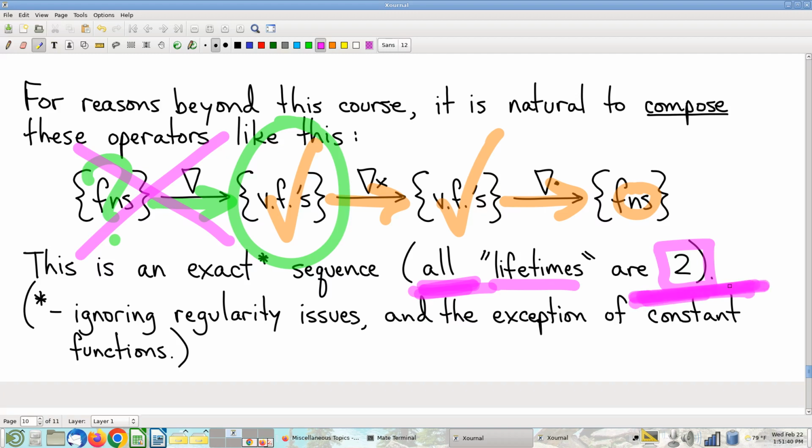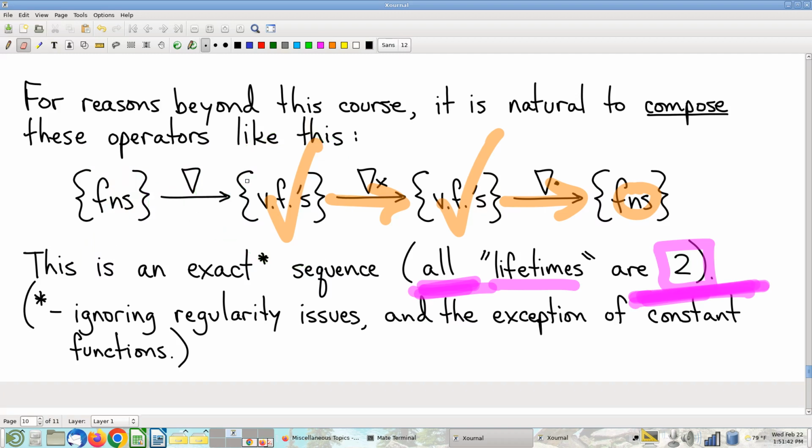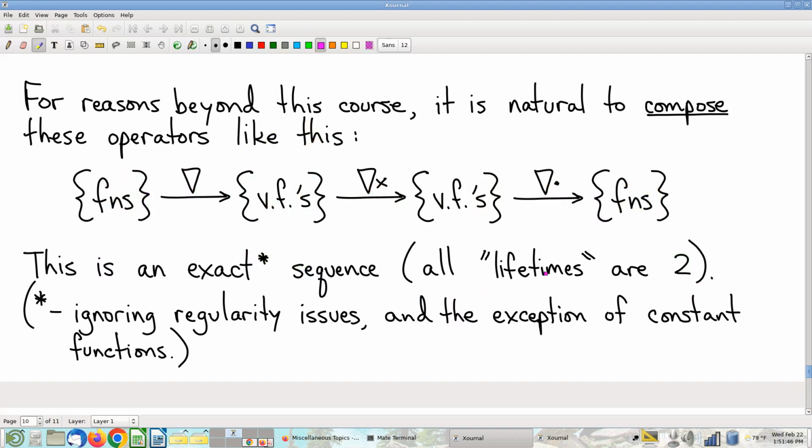All right. So you can consider various different versions of this. Here's another one. If you have a vector field and you take the divergence and you get 0, lifetime is 2. That means that there must be a vector field whose curl is your original vector field.